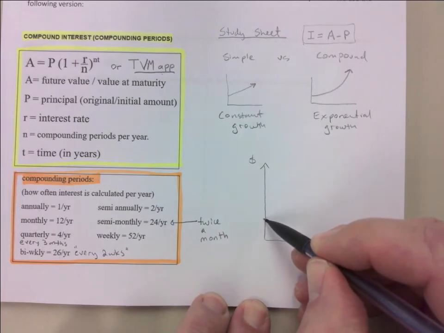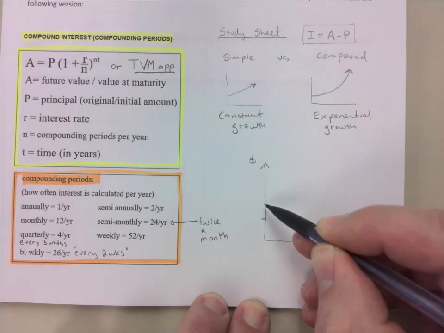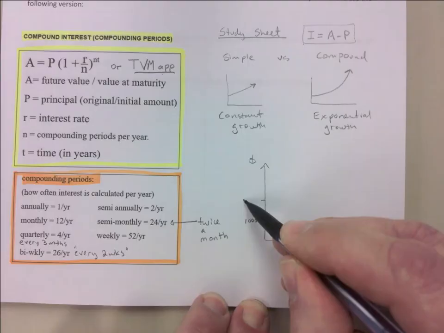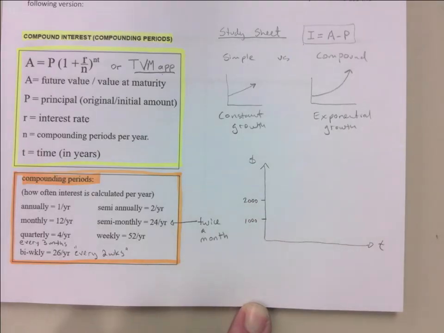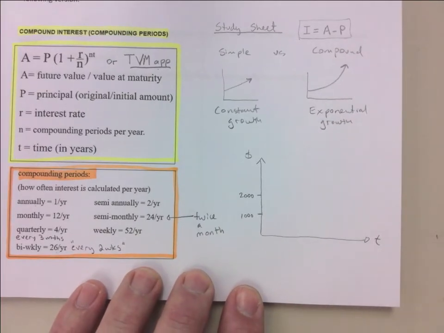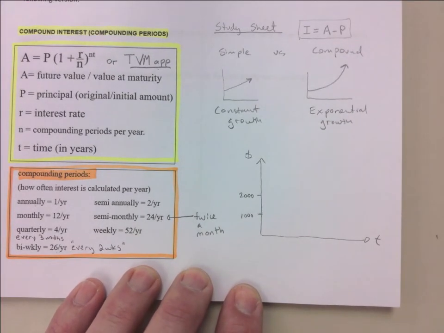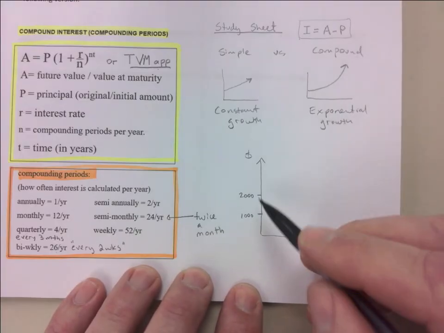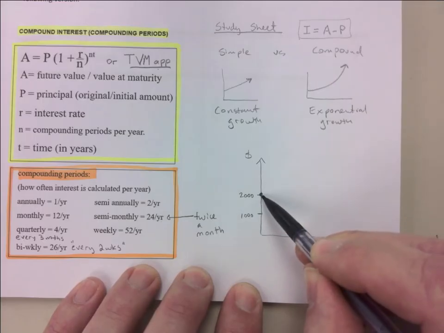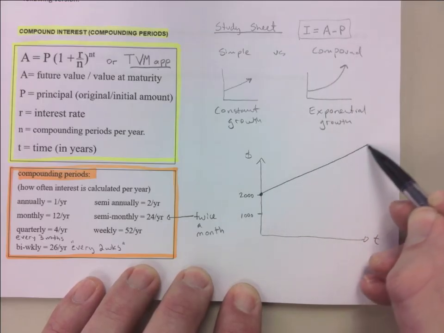Let's say this is 1,000 and this is 2,000. And let's say one person deposits $2,000 at simple interest, and it just grows. Right?